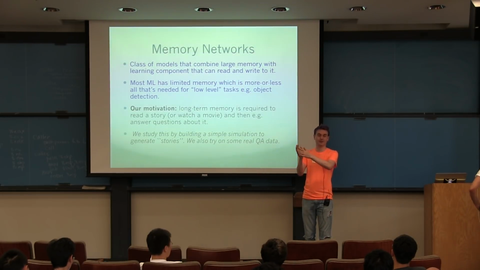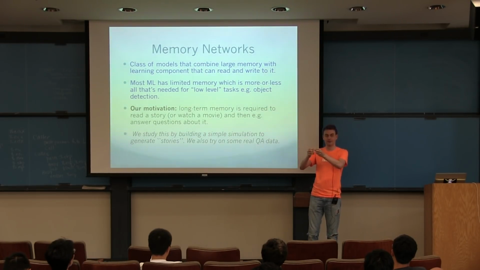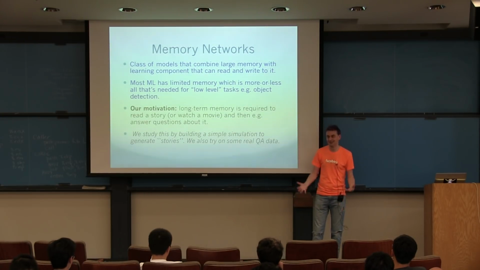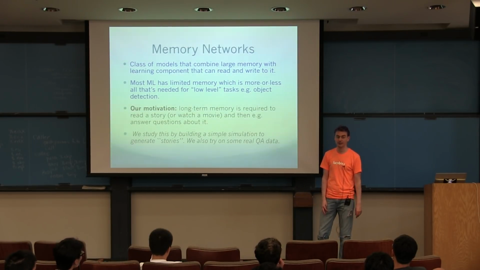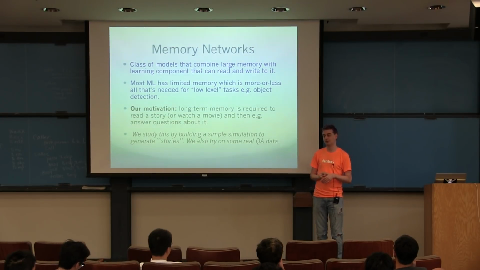That's going to be a different answer than if you asked the question earlier on, before they'd gone to the cinema. So you have facts that are changing depending on the time point. That's a slight variation you have to take into account when you're reading a story. Anyway, these are the motivations for these models that we came up with, but we think they have lots of other uses as well.